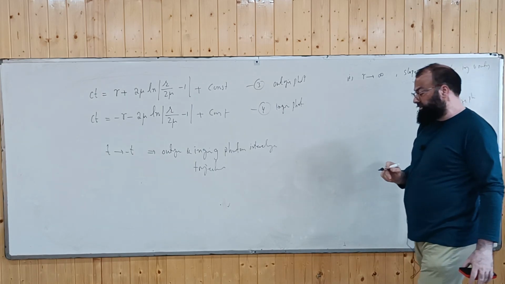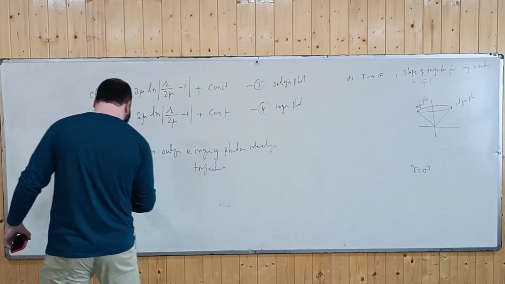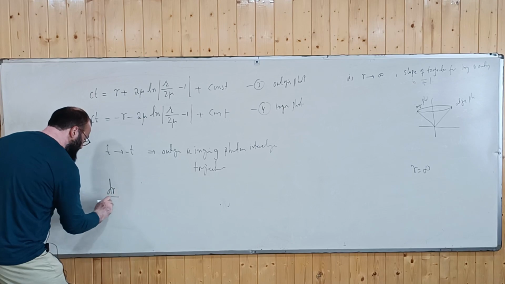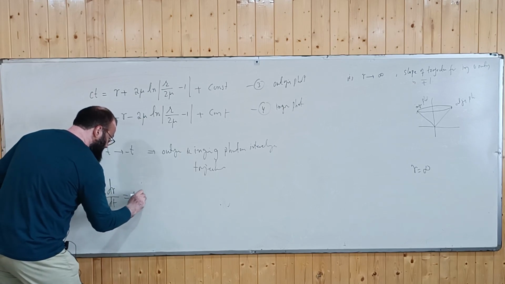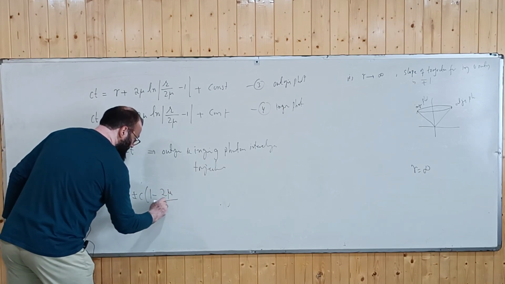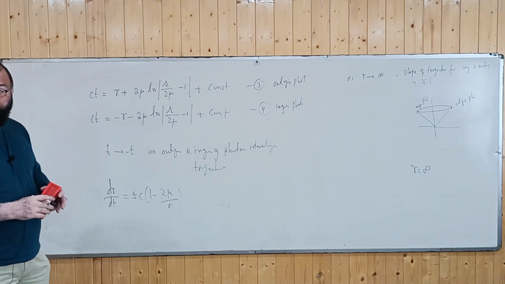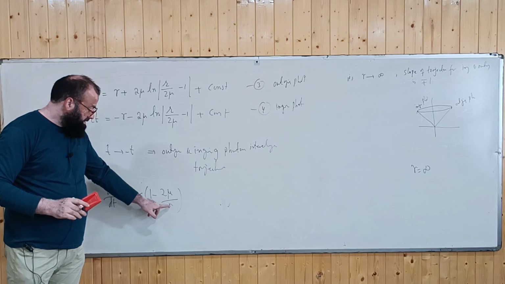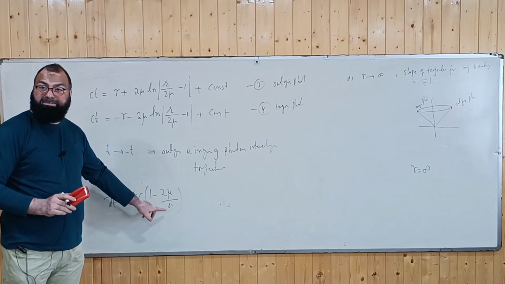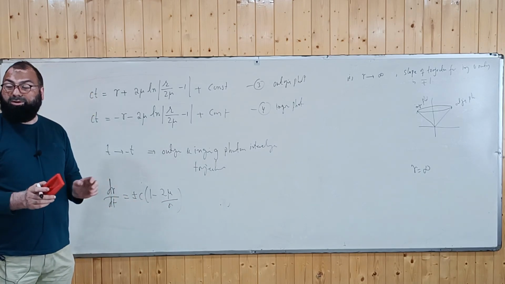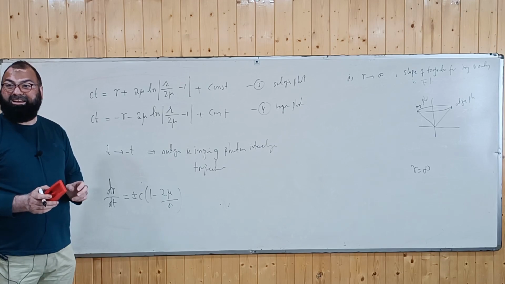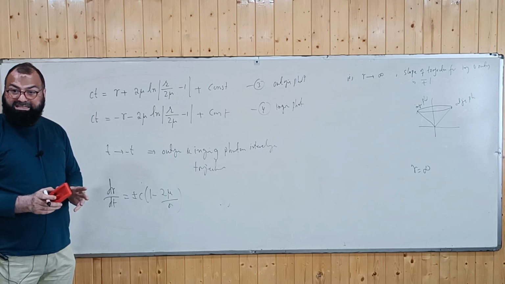Now if you look at the formula, let me write that again. dr by dt is plus minus c into 1 minus twice mu by r, kind of thing. So now when r goes to finite values, what happens to the slope? Now the slope decreases, is it?